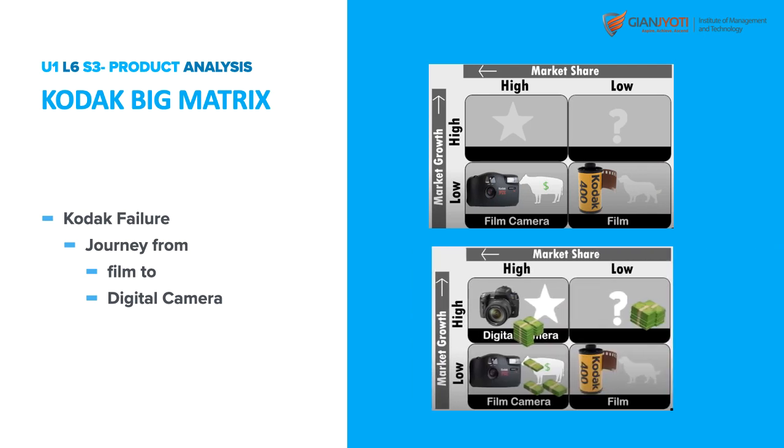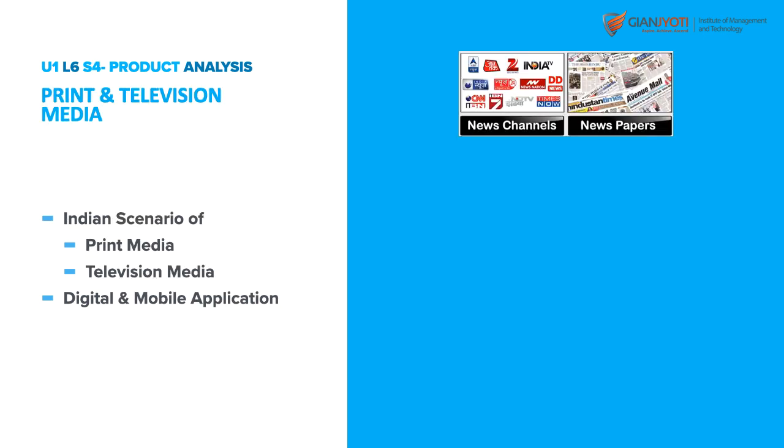Had they harvested or taken the money from the cash cow when they were generating a lot of cash in the film camera and put that in new products like digital cameras, they would still have been the market leaders. But similar is the case with Nokia, if you know.